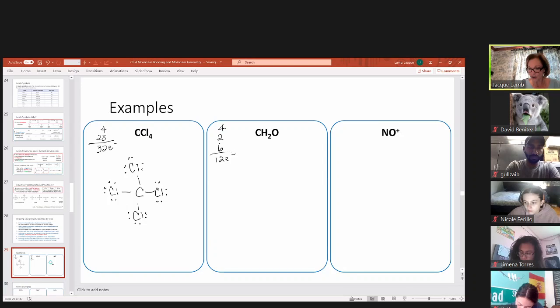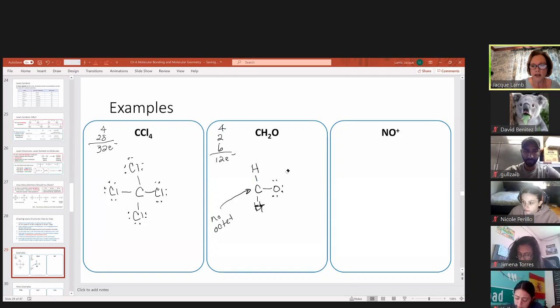In order to fix this structure, I'm going to have to remove one pair of electrons from, why does it not want to do that? I want to erase that. Come on. And I'm going to have to put in an extra bond.